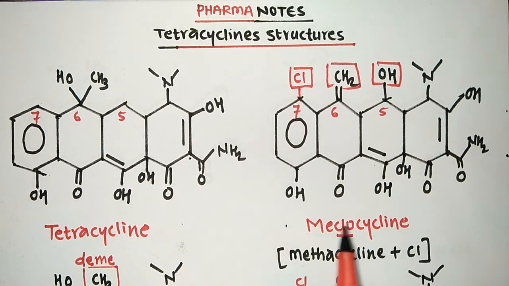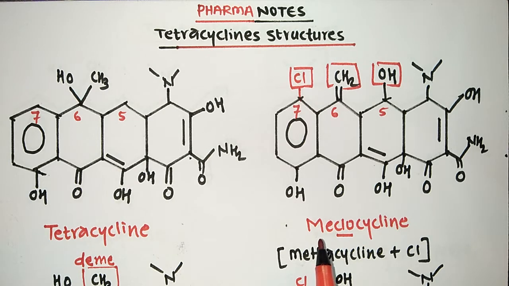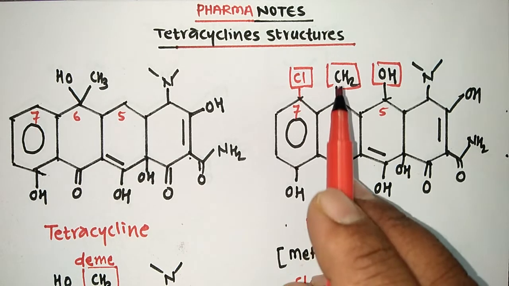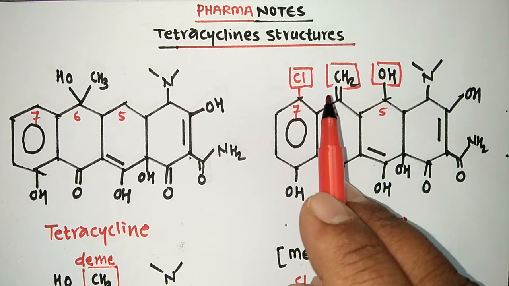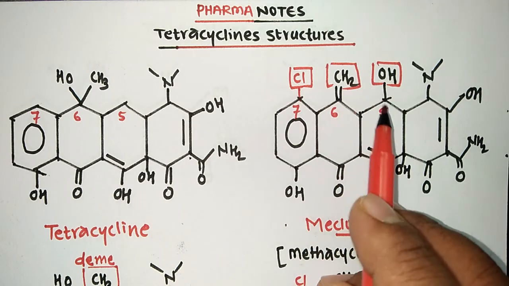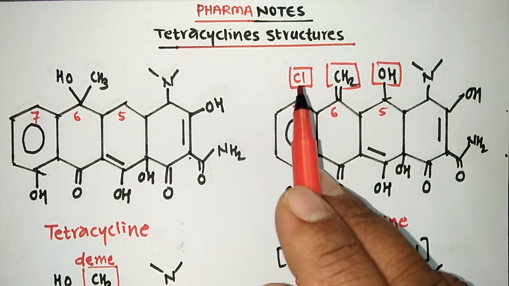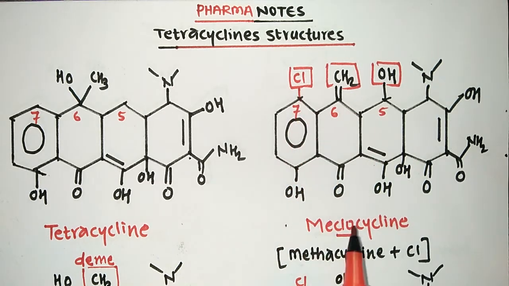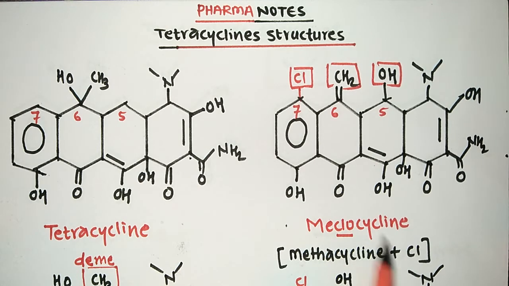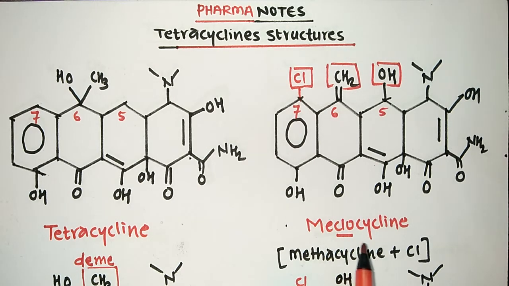And the metha part informs us about the methacycline structure. Methacycline we have already drawn, that is the double bond CH2 methylene, and the hydroxyl group shifted to the 5th position, and at the 7th position we add chlorine, so it will be meclocycline. So methacycline plus chlorine gives meclocycline.